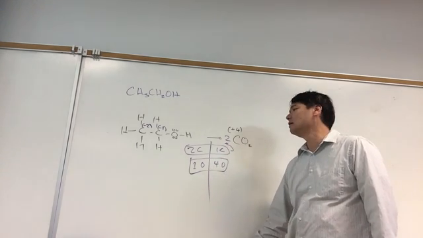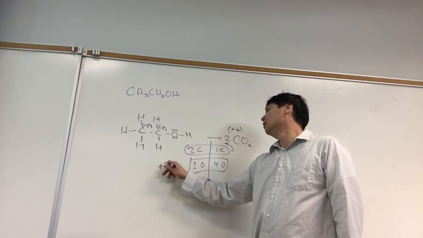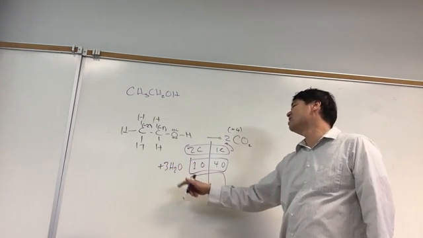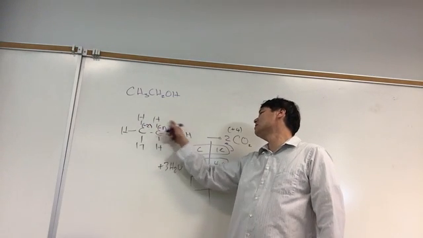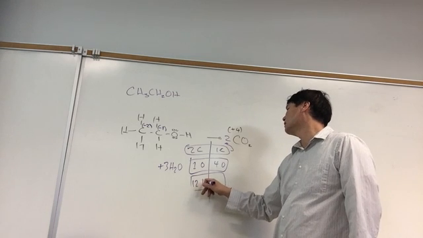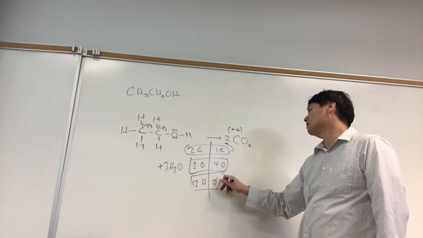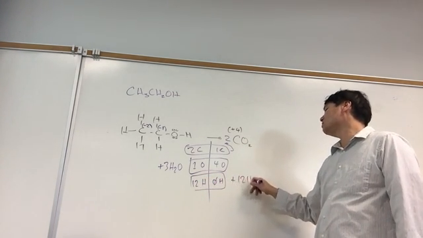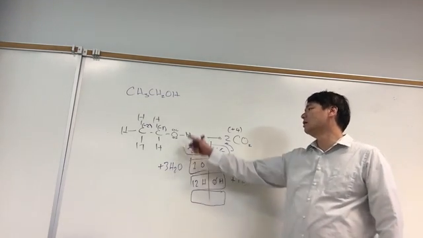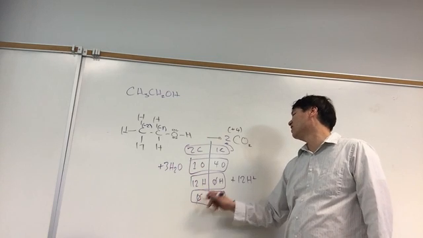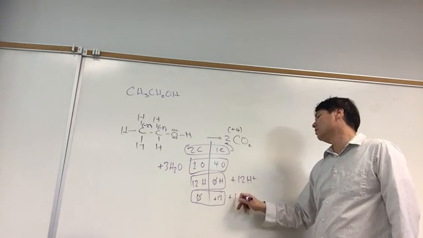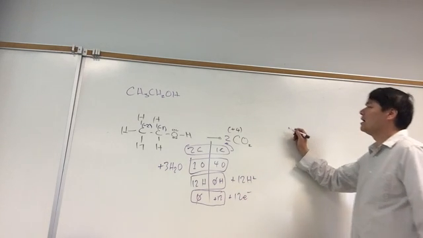How do we balance this? By adding 3 more waters. 3 waters. Good. And then we balance the hydrogens. 3, 6, 6 and 6 is 12 hydrogens and 0 hydrogens. And so we add 12 H+. And then we balance it by the charge. Neutral, neutral is 0. This is neutral plus 12 electrons. And then we get the balanced half reaction.